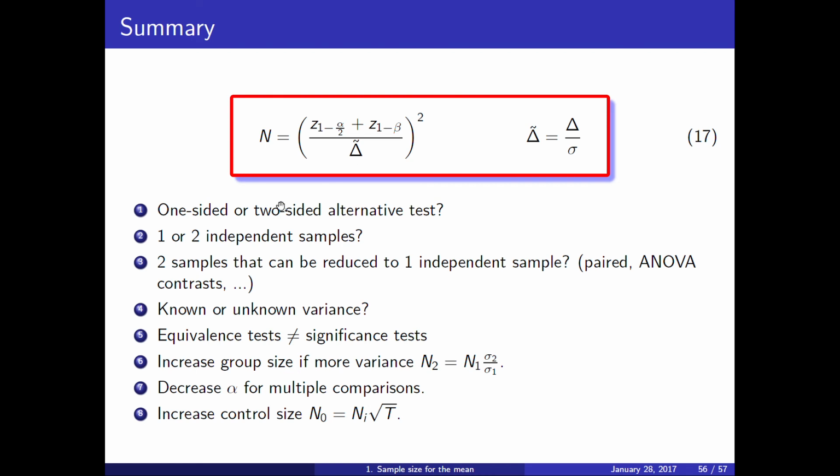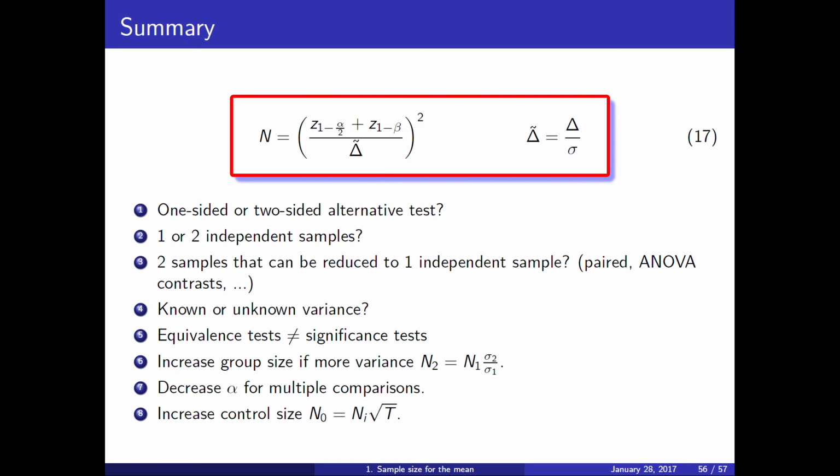And you have to think of whether you have one-sided or two-sided alternatives, and remember always that the one-sided sample sizes are slightly smaller. Whether you have one or two independent samples, and whether you have two samples that can be reduced to one independent sample, so for instance in the paired data or the ANOVA contrast, whether you know or you don't know the variance. Remember that equivalence tests are not the same as significance tests. The equal sign has moved to the alternative, so that now you have two hypothesis tests.